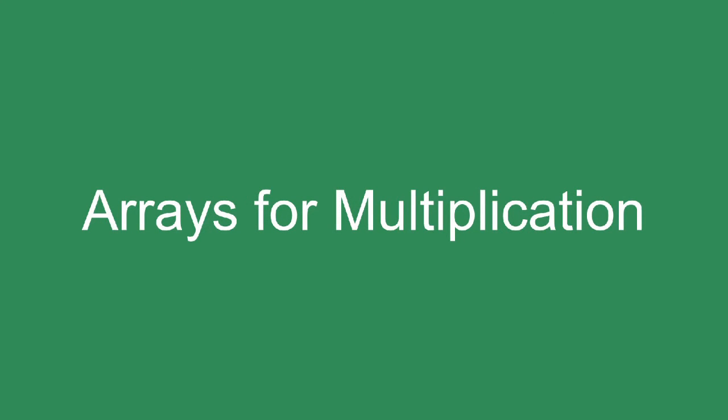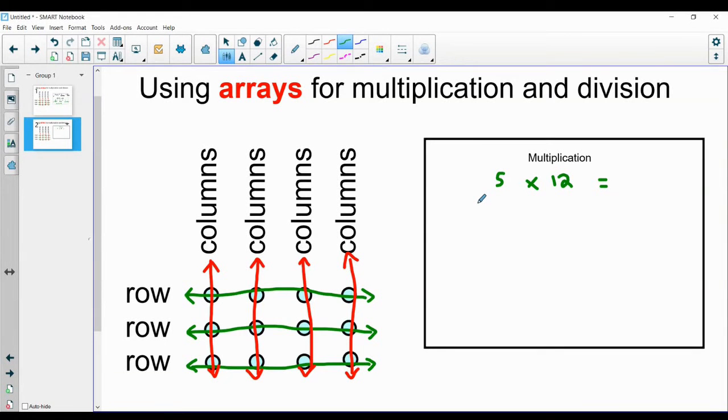Let's practice with multiplication. We're going to multiply 5 and 12. When I'm looking at 5 times 12 using arrays, I'm thinking that I have 5 rows and 12 columns, and I'm looking for my total number.